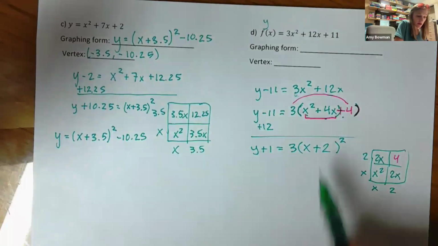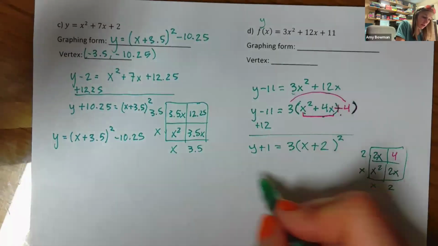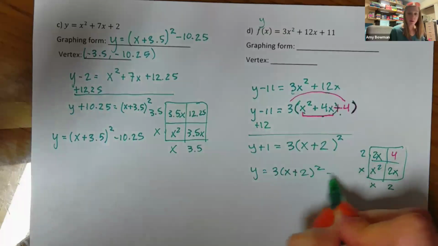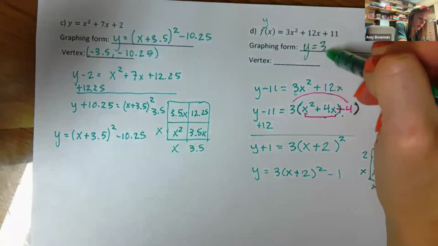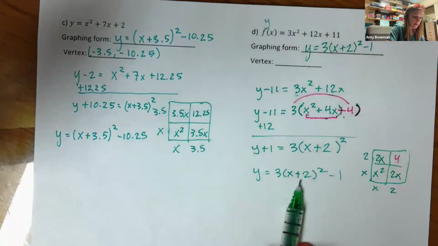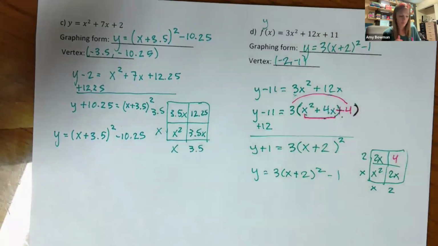So the a value of 3 is still right out front. Then we can just subtract the 1 over, and now we have this parabola in graphing form. 3 times x plus 2 squared minus 1, and my vertex is -2, comma, -1.